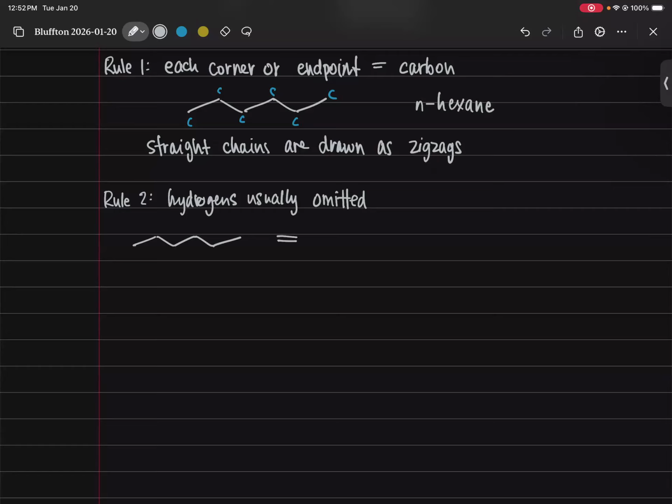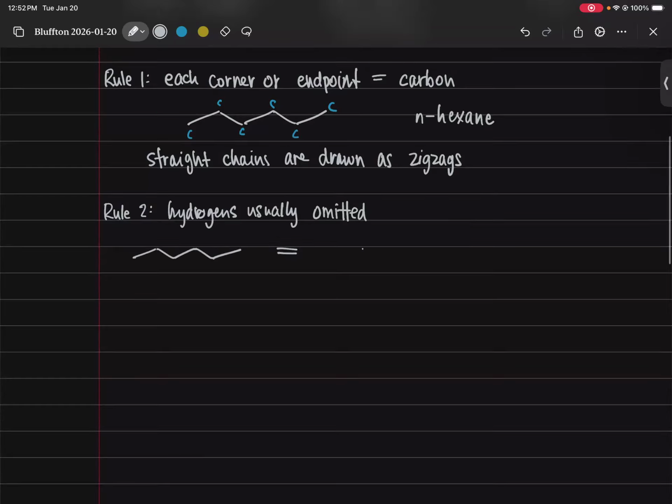And in fact, I'm going to draw them all out without drawing the carbons. So we're kind of just going to draw the Lewis structure, but without the carbons. So the way you should go about that probably is just redraw the skeletal structure. Just make sure it's big enough because you're going to have to fit all the hydrogens in there.